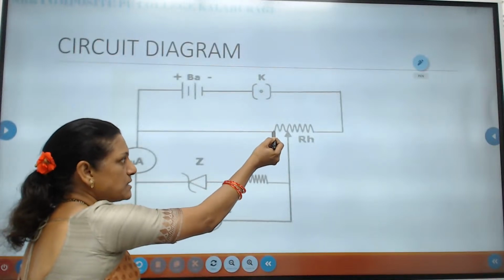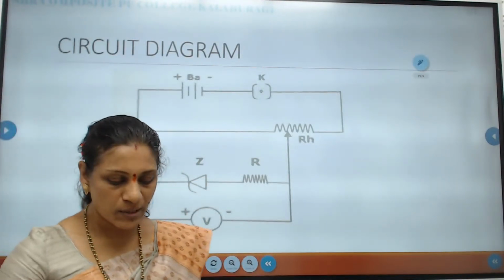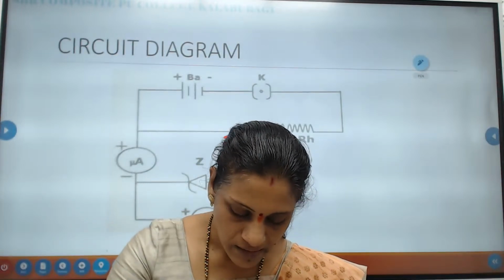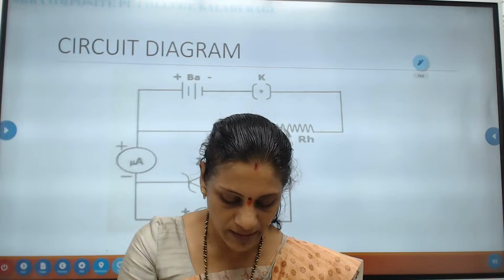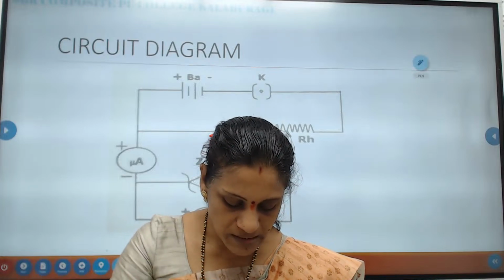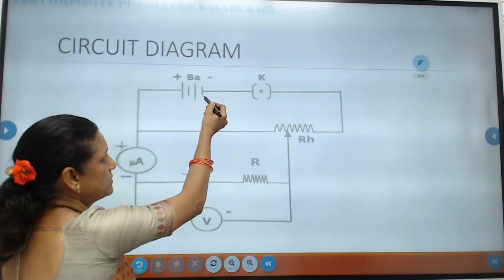From this same base terminal, one more wire is connected to the positive of the milliammeter.